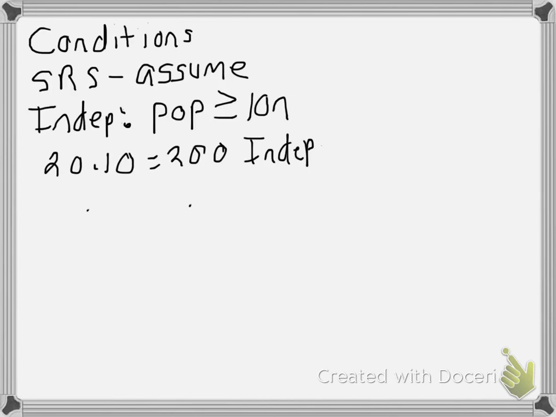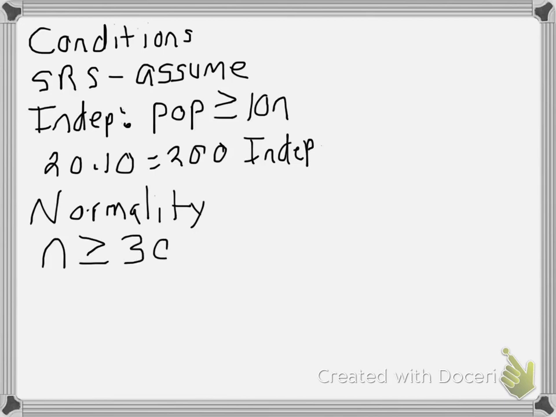And then the last thing we test for is normality. In order to have normality, n must be greater than or equal to 30. Just that simple. You're just checking to see is the number that you're testing greater than or equal to 30.